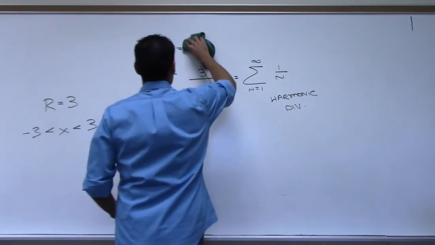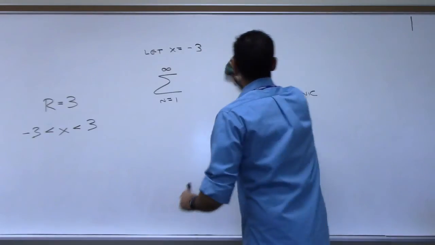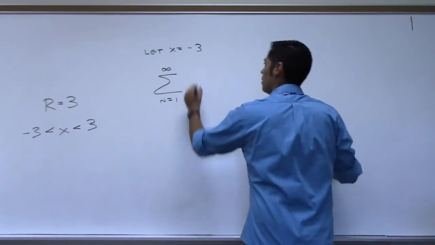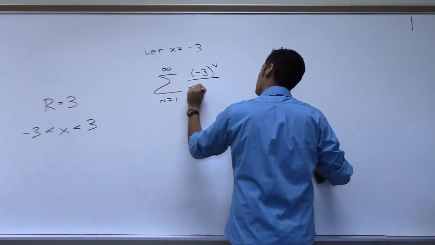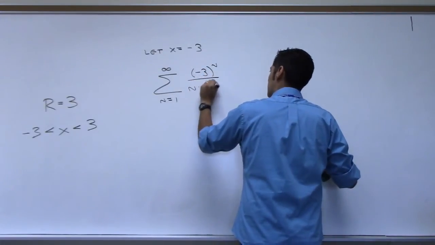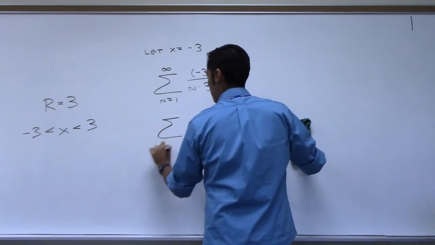Now I'm going to let x be -3. Let's see how that changes things, or if it even does. -3 to the n over n times 3 to the n. Now I can't cancel those, not yet. Do this.